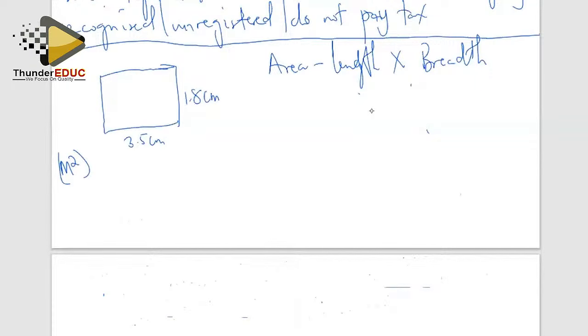So our length is 3.5 centimeters and our width is 1.8 centimeters. Remember, this is an extract from an orthophoto. Always remember to take note of the map that you are using. It's from an orthophoto, so our map scale is 1:10,000.